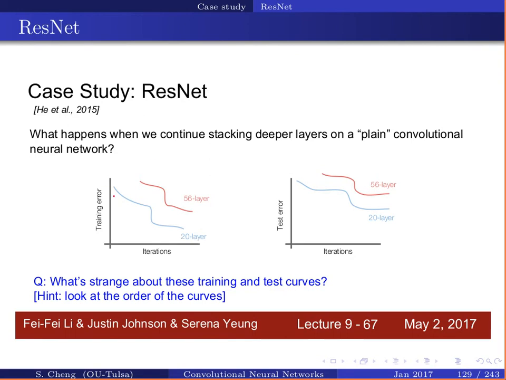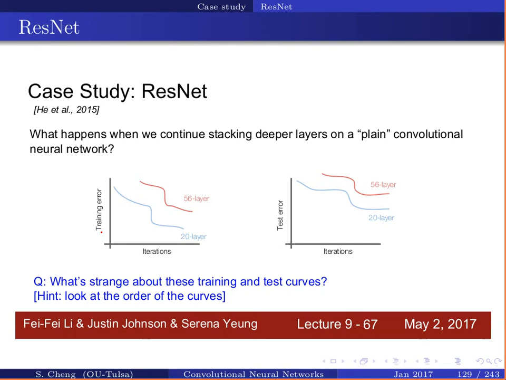This is another inspiration for why they did this: they ran an experiment where you just stack more layers. As we mentioned earlier, with any machine learning model, you should always be able to overfit. If you have a small training set and a more complex model, your training error should always go down.